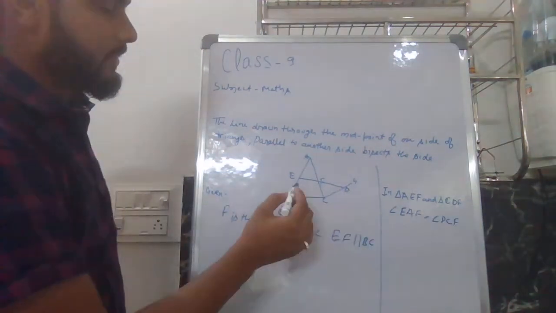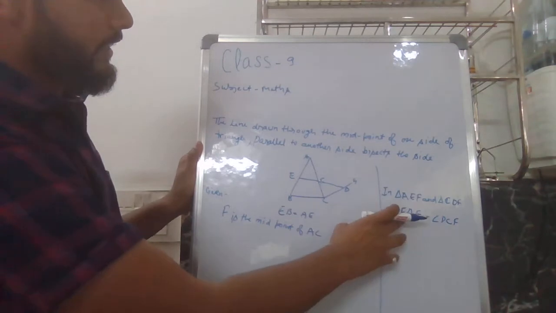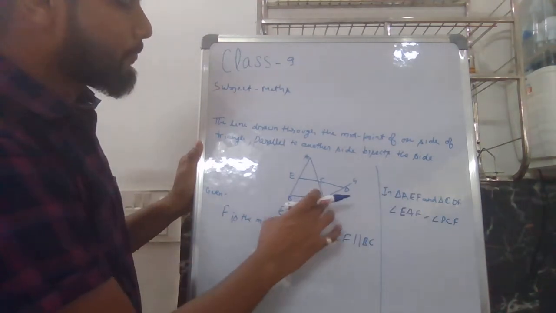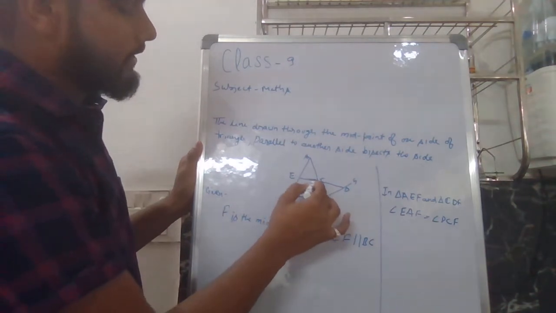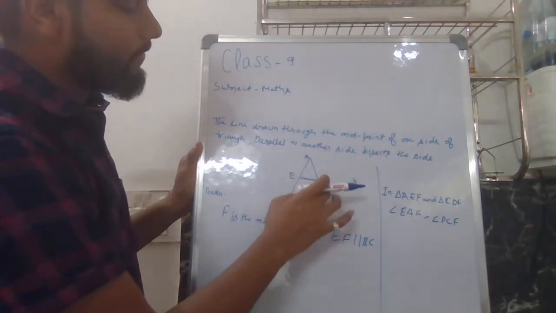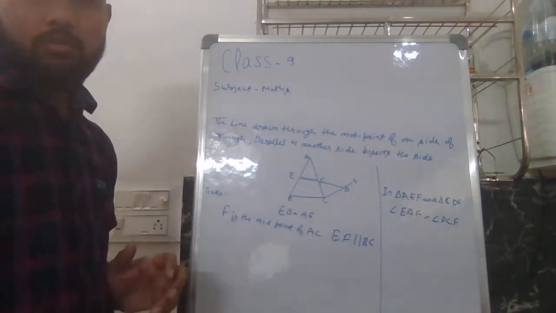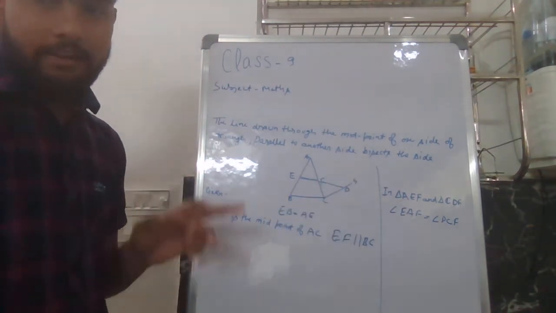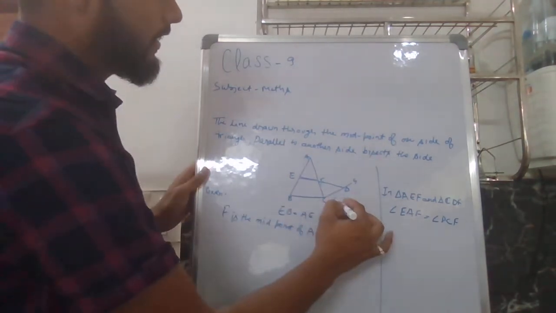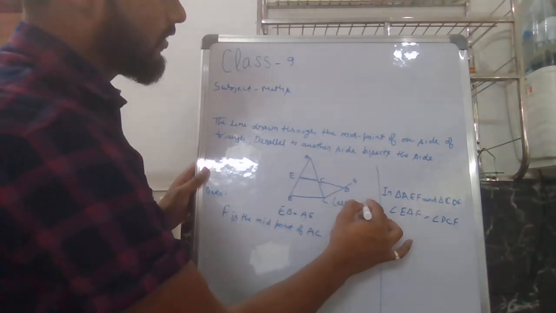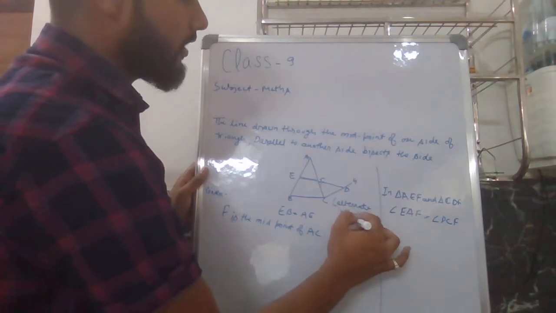Okay, so here we can see angle EAF is equal to angle DCF, same as AEF and CDF. This will be the alternate interior angle. What we will say as alternate interior angle.